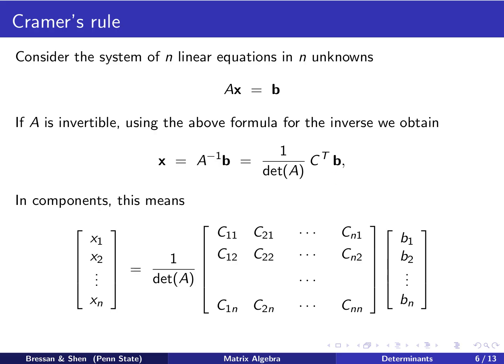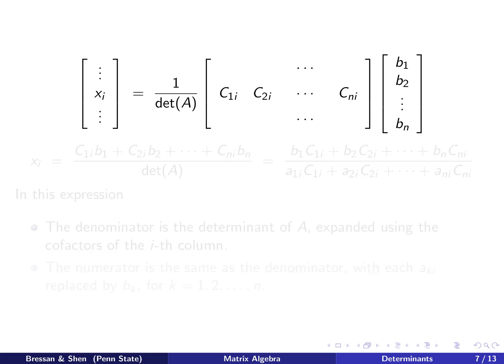So what does this mean in components? If we write out all the components, x1, x2 to xn, then the right-hand side would be a number, and then C is the cofactor matrix, and B is the right-hand side. Okay, so we can write out all the components. Now let's take a look at the ith row here.